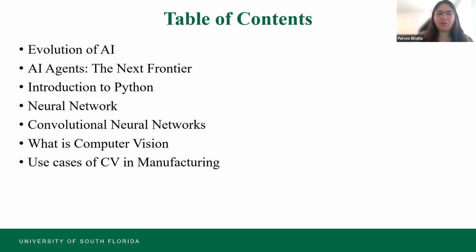We'll also learn about convolutional neural networks, which is a different type of neural network that we use. We are also going to be getting into computer vision. So we'll be translating back and forth between this presentation as well as the Jupyter notebook, which has all of the codes written, which I'm going to be sharing with you today. So let's get started.